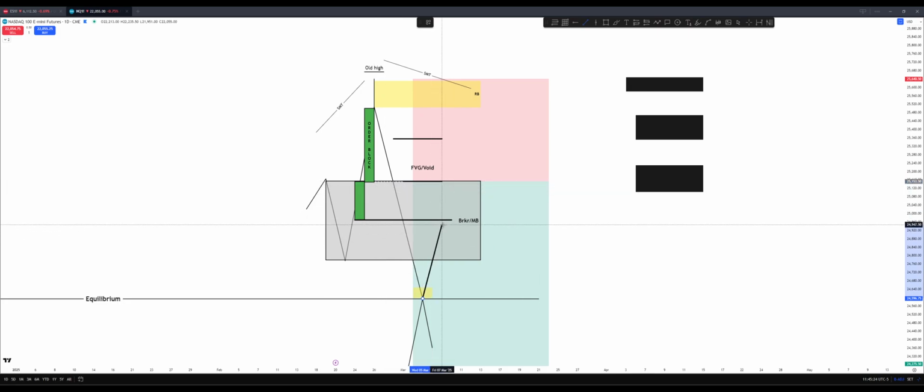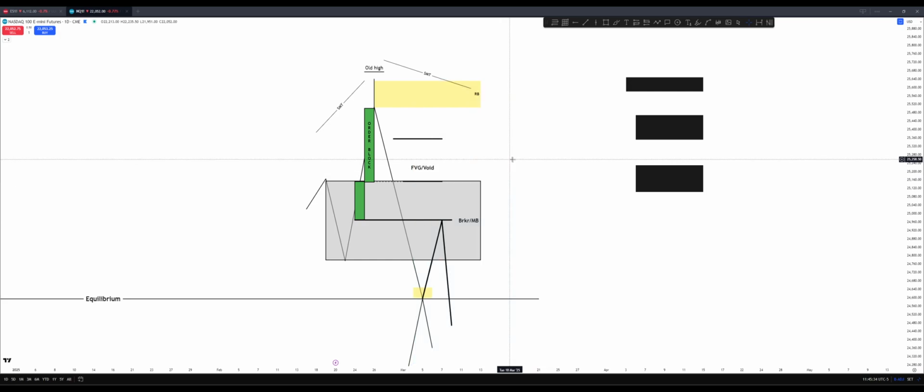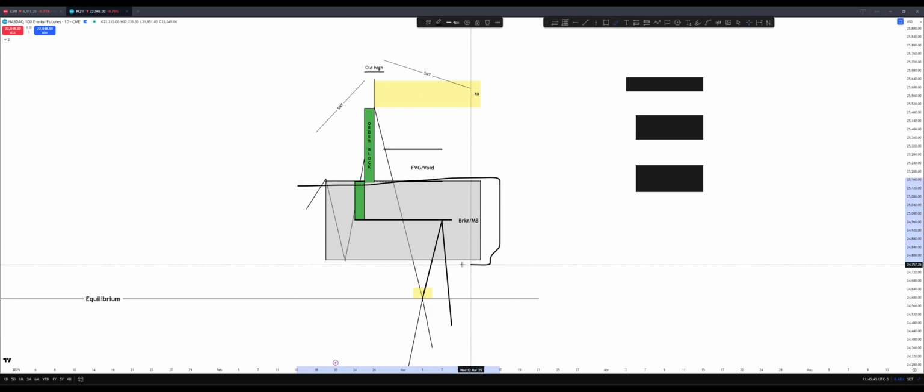So what price most likely is going to do right here is go to the breaker and the order block, and then go lower and leave you behind, because price does not need to fill this fair value gap or liquidity void right here, since we have a breaker lower, right?